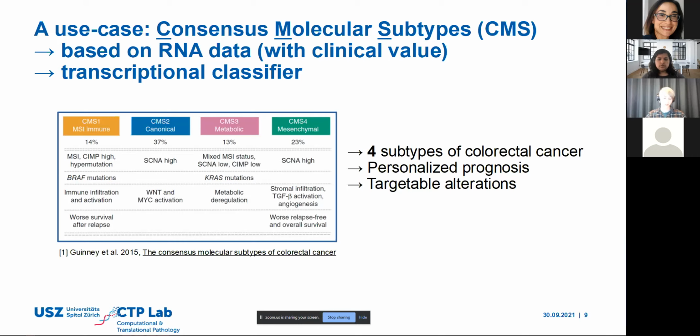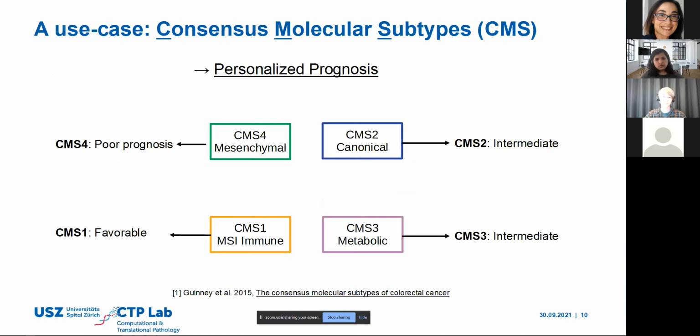These subtypes can be identified from RNA data, making it possible to associate every patient to one of these subtypes. And what is important with these subtypes is that each of them is associated with a specific prognosis.